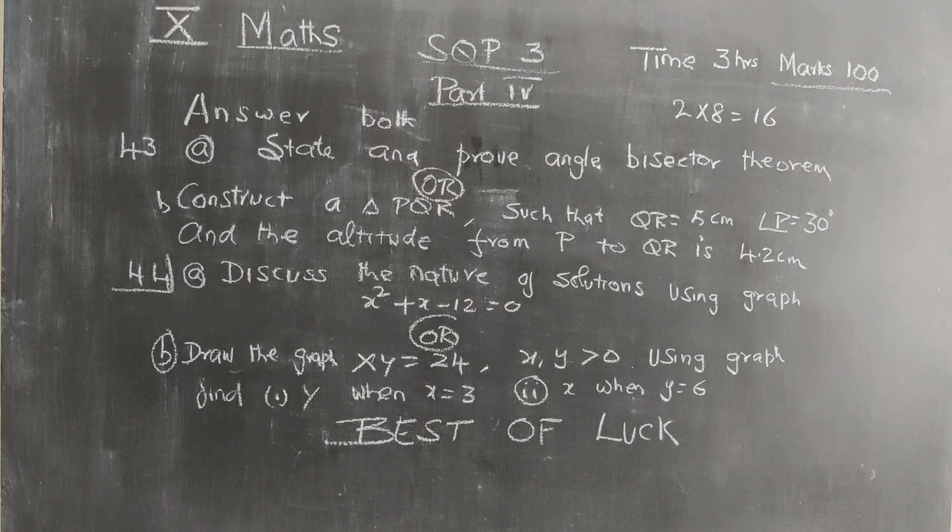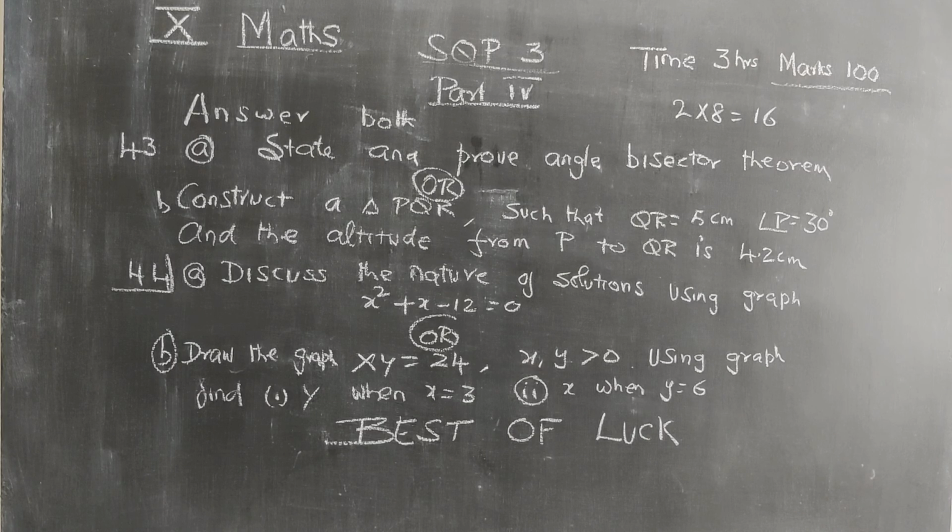Answer both. 43A, state and prove angle bisector theorem, or construct triangle PQR such that QR equal to 5 cm, angle P 30 degrees, and the altitude from P to QR is 4.2 cm. Question number 44A.